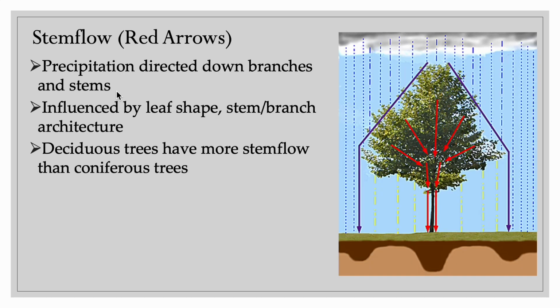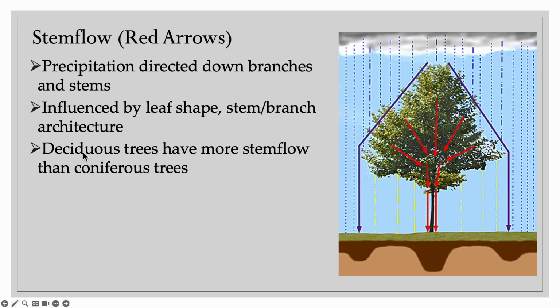Stem flow is when the water hits the leaf and then travels down the stem, and that water goes to the trunk of the tree. We can see where that water enters the soil, and this is where that water will remain so that the tree can then use that.